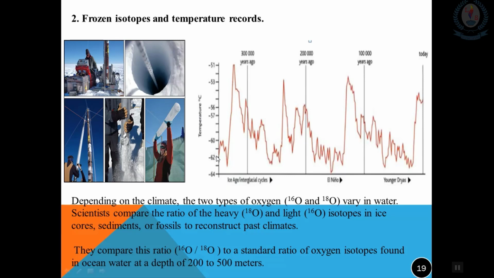When ocean water evaporates, water with lighter oxygen isotope, which is O16, evaporates slightly more readily than oxygen 18 isotope, which is heavier. So, scientists took this into consideration and investigate Antarctic and Greenland ice cores to get data to show how temperature of the surface of the Earth has fluctuated over time.